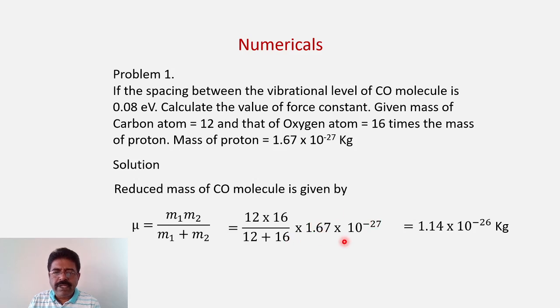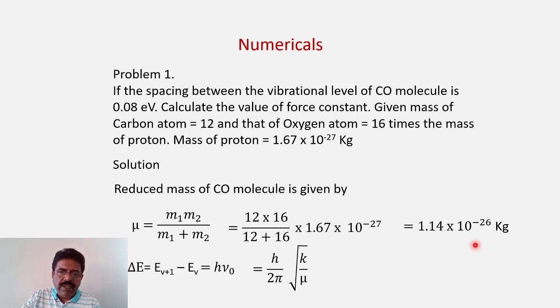So one of them will get cancelled, and only a single 1.67 into 10 raised to minus 27 will remain here. If you calculate, this will come to be 1.14 into 10 raised to minus 26 kg.